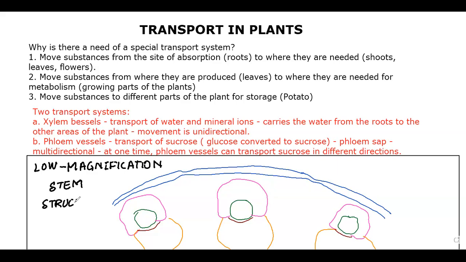These are the structures you will see at low magnification. Now, if I talk about the labeling, this outermost layer is known as epidermis. Now, over here in the middle, what is this going to be known as? This is your phloem.